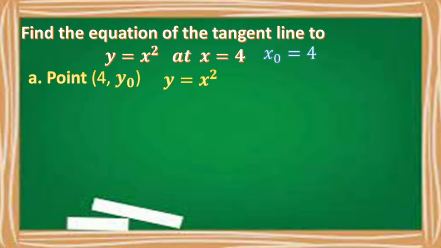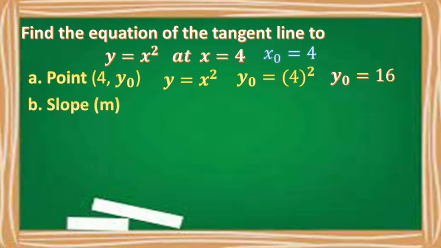Substituting 4 in the value of x, we have y sub 0 is equal to 4 squared, which is equal to 16. Therefore, y sub 0 is equal to 16 and x sub 0 is equal to 4.